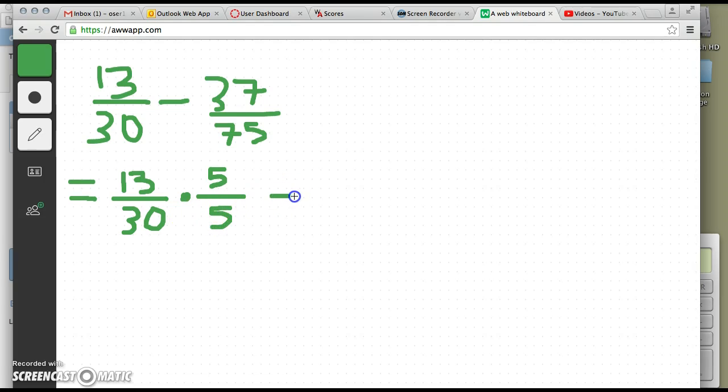We're going to do the same thing for our other fraction, 37 over 75. We want to rewrite this fraction so that it has the common denominator of 150.